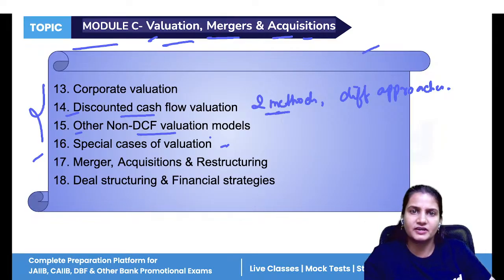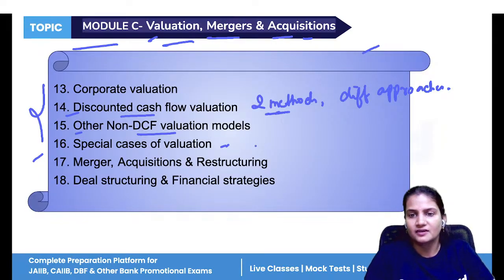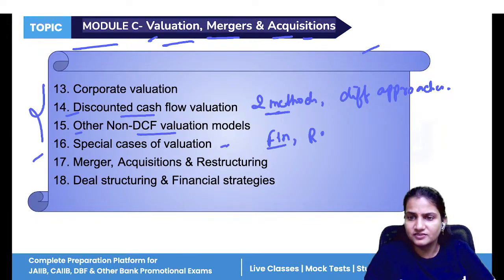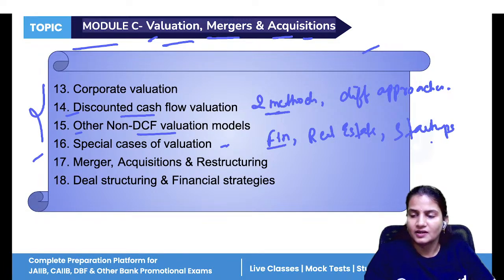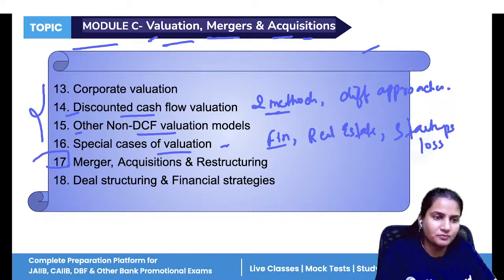Then we have some special cases of valuation, like financial services companies, how you will do the valuation of such companies, then real estate companies, then startup companies, then loss bearing companies. Now, unit number 17, a very important topic.